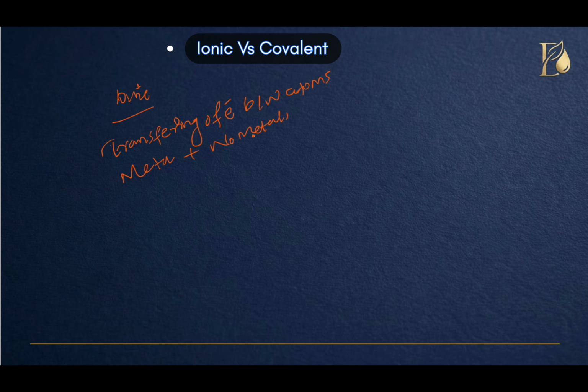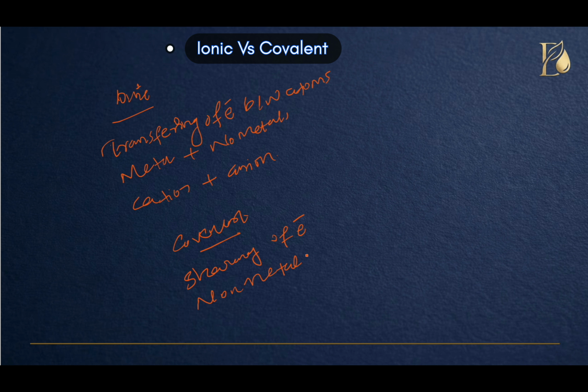It will form a cation and an anion. But in covalent bonding, what is happening? There is sharing of electrons between the atoms, and the bond is formed between non-metals. And finally we will get a covalent molecule.